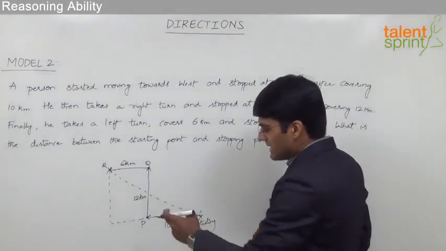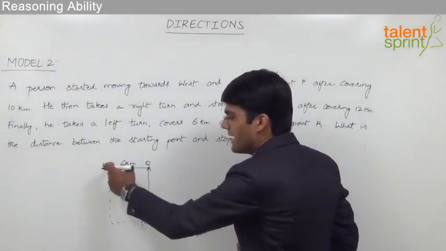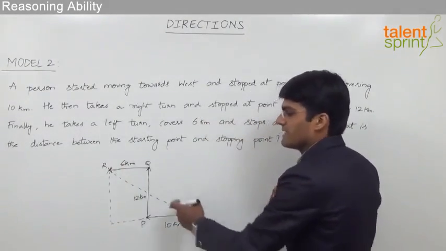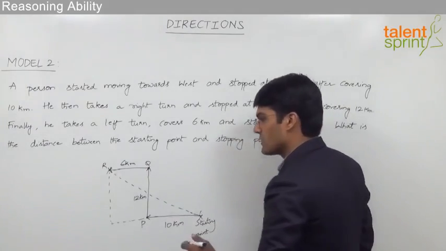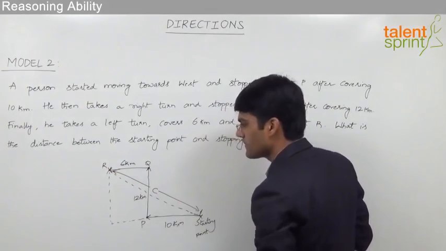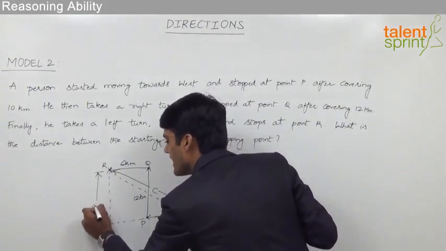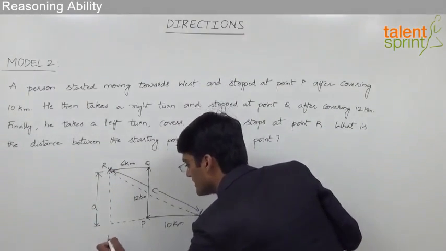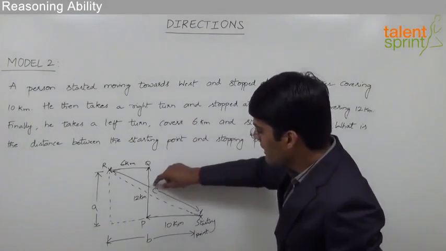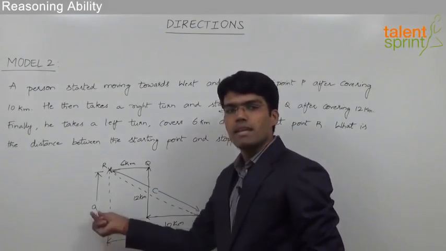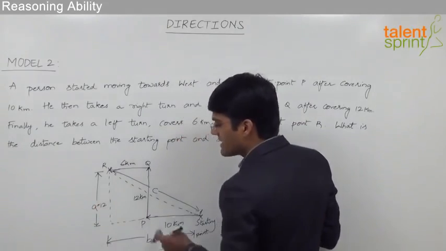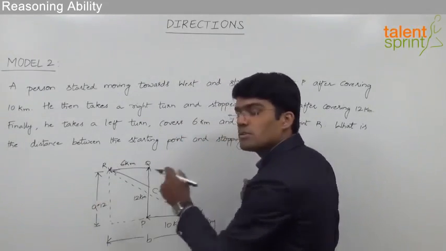So we can say that the distance between the starting point and the ending point can be obtained only if we know the other two lengths of this right angle triangle. Assuming that the distance between the starting point and the ending point is C, this length is A and this length here is B. So C can be calculated only when we know the lengths B and A. Now A here is nothing but 12 kilometers as these two lengths are parallel to each other.